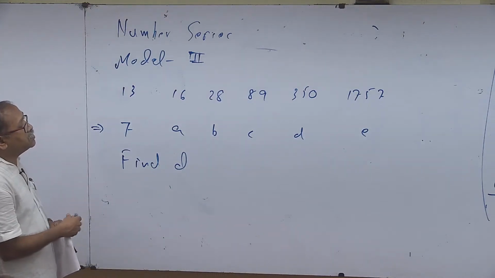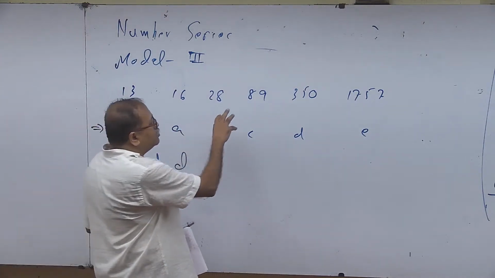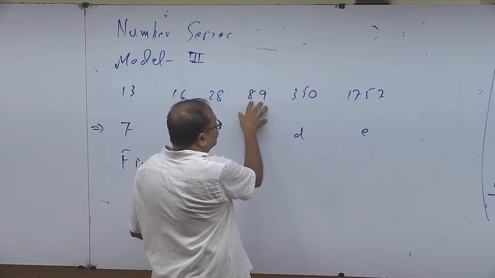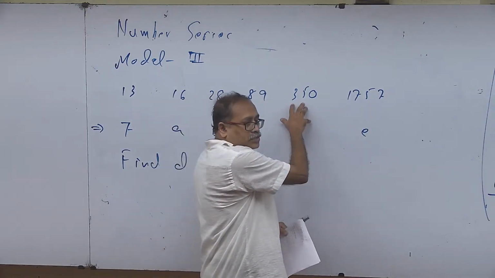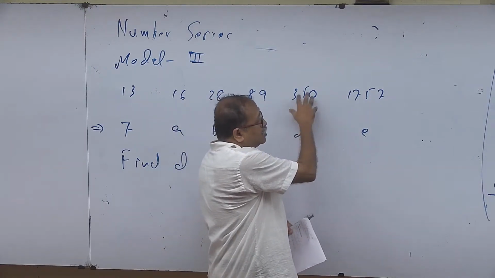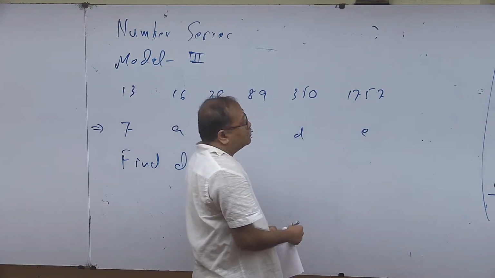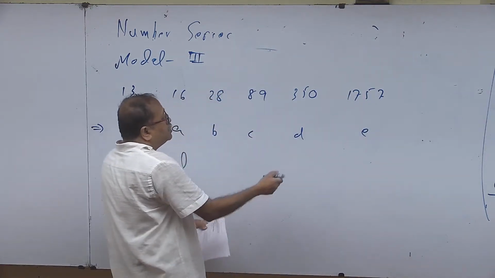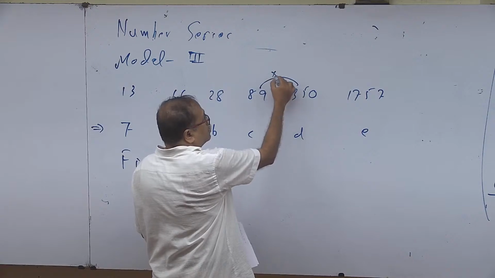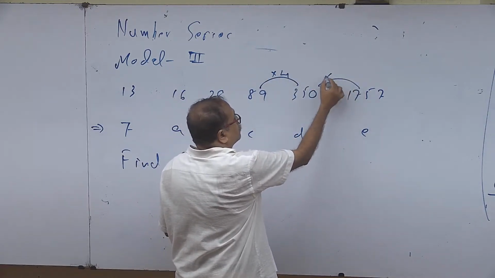Let us try this. I notice that here this is 9, 4 times 9 is 36, and here again it could be 4 or 5 times. So I notice that it is close to 4 times, it is close to 5 times.